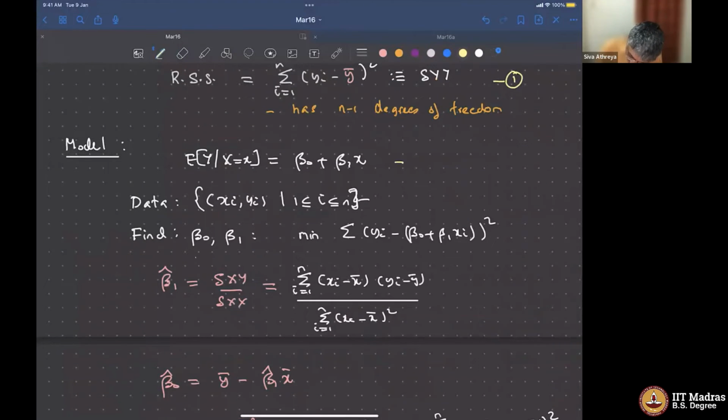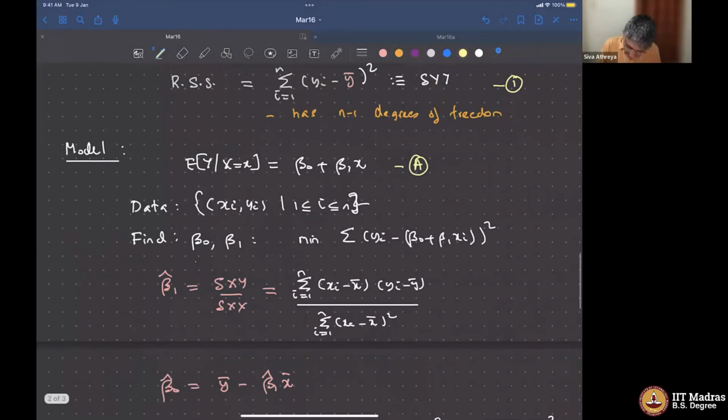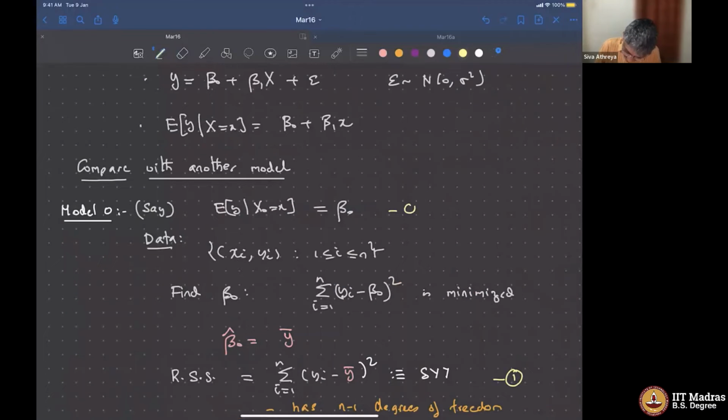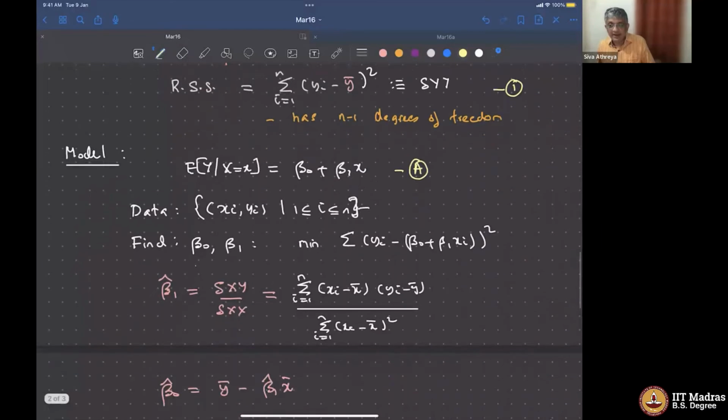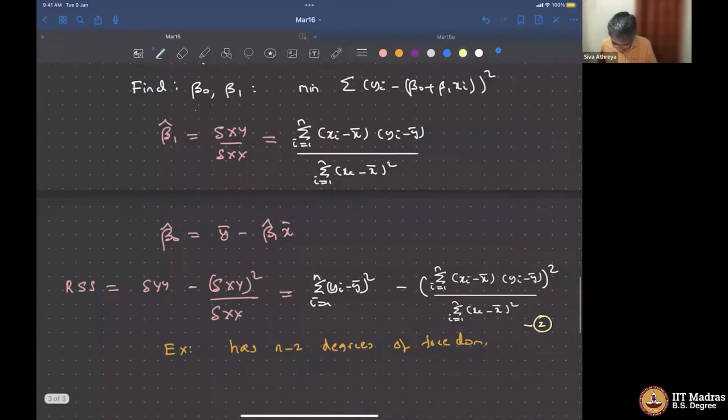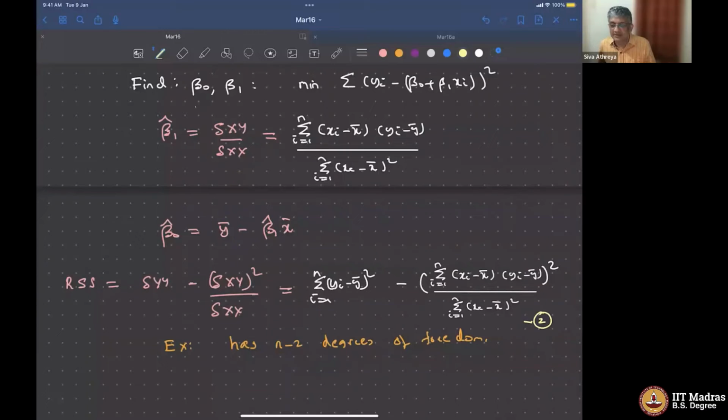Because we enlarged the model from 0 to A, one had higher degrees of freedom than the second one. So the reduction in residual sum of squares is due to enlarging the mean function.